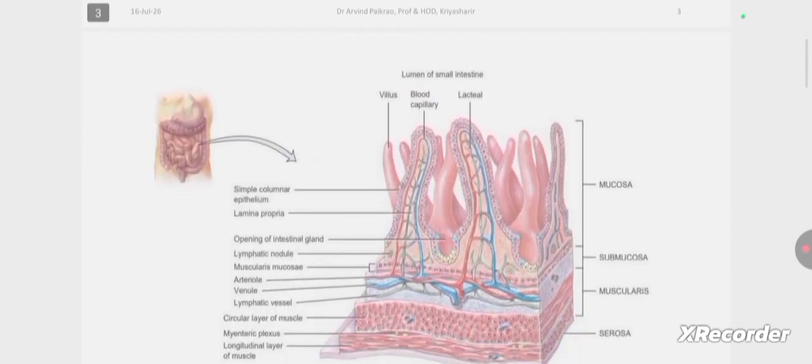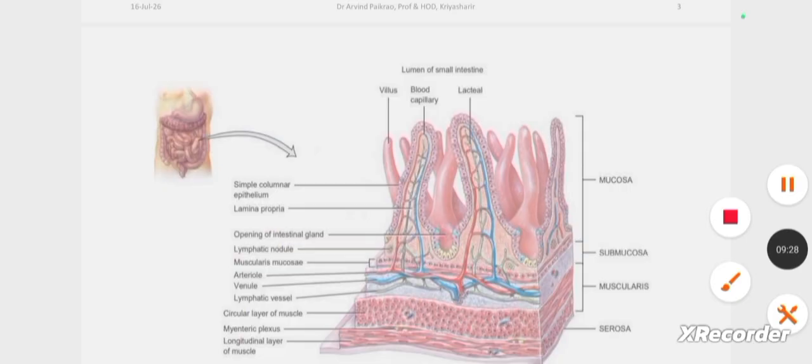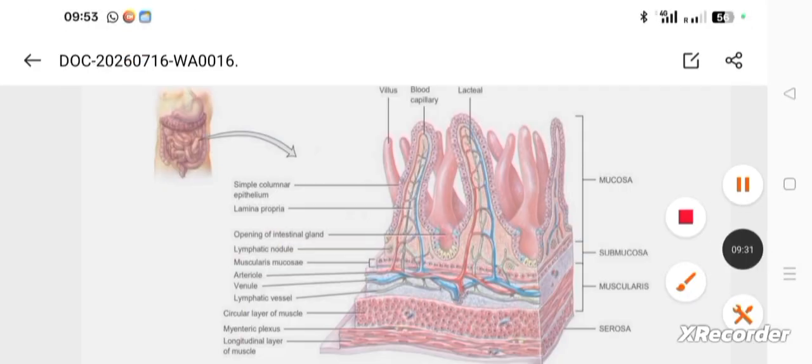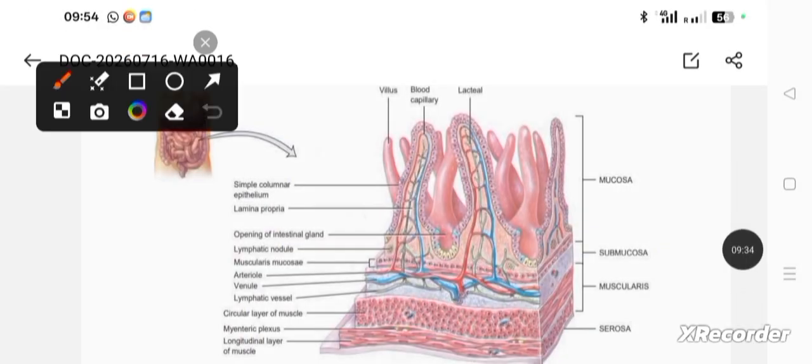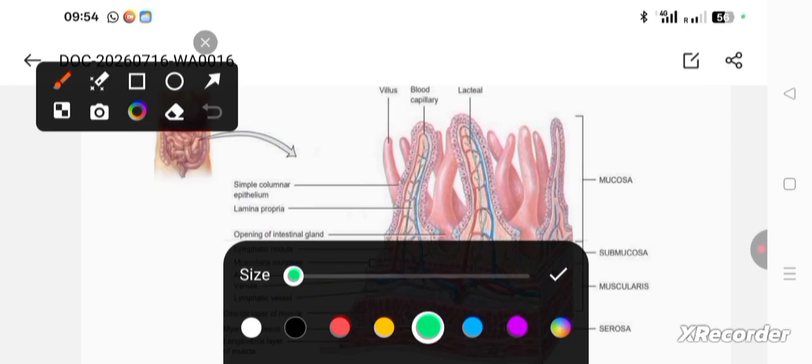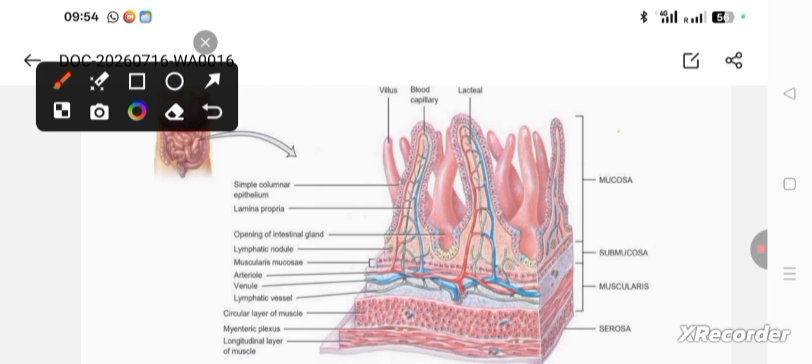We'll see how the lacteals appear here in this diagram. We'll take a brush from here, and this color we'll see. So this is the lacteal here, and if you make it somewhat larger, this is a lacteal actually.